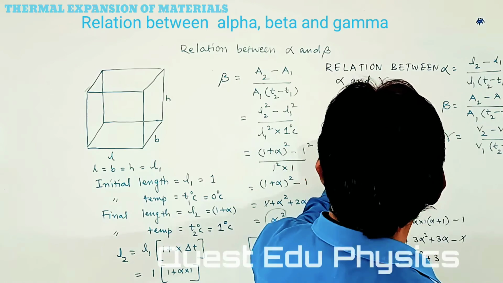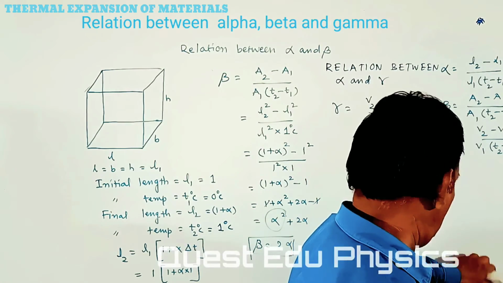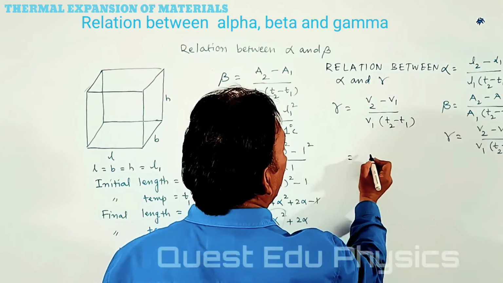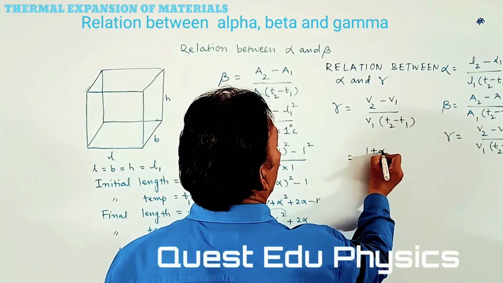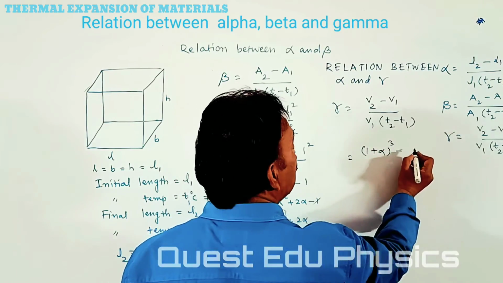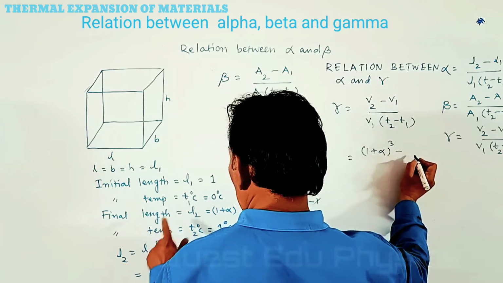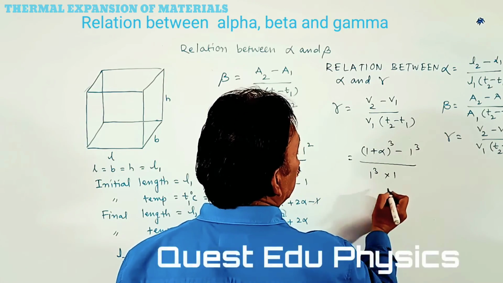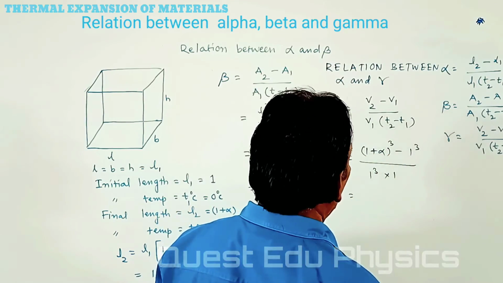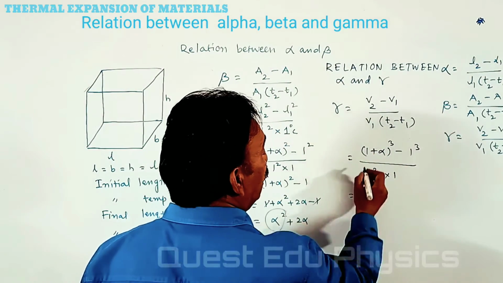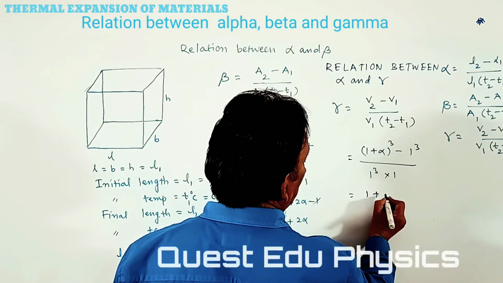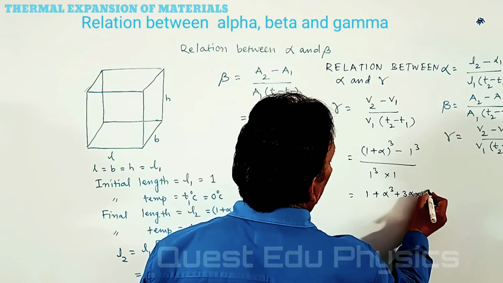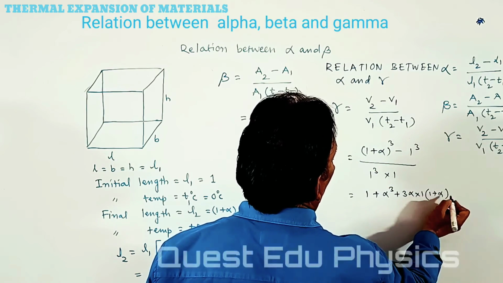Here we are taking the volume expansion, students. Here V2 minus V1 is V1 into T2 minus T1. Further it can be written as 1 plus alpha whole cube minus 1 cube by 1 cube into 1, students. Then it is in the form of a plus b whole cube, and we can write a cube, 1 cube plus b cube plus 3ab into a plus b, 1 plus alpha minus 1, students.